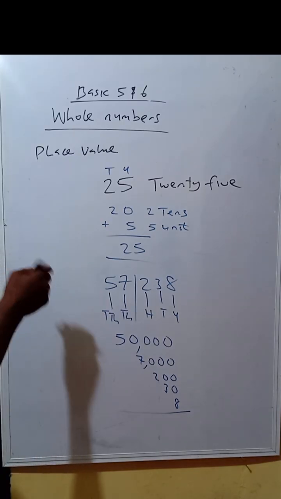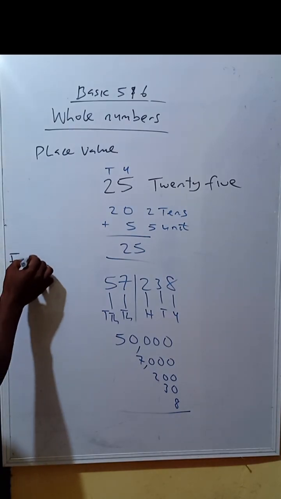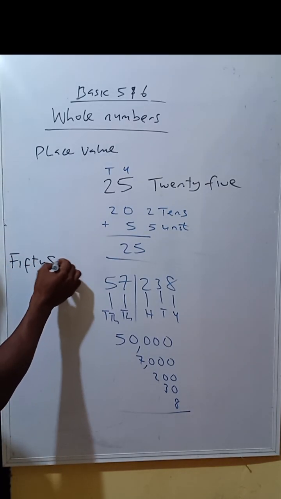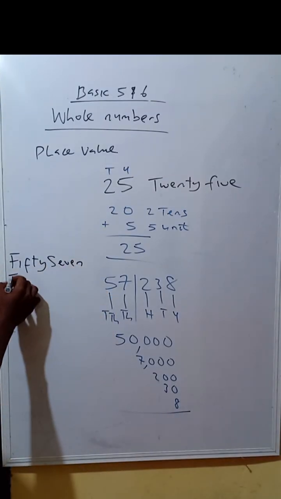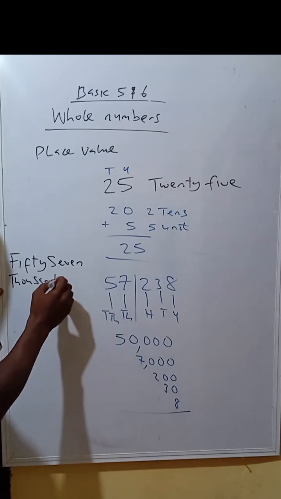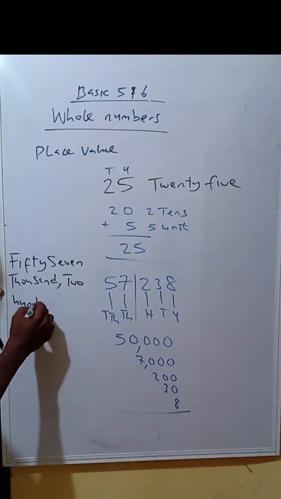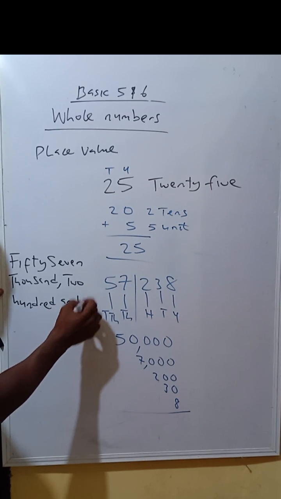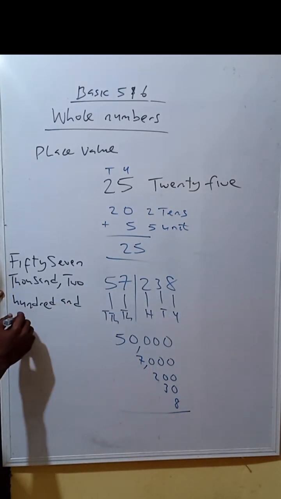Let me write that here with this black ink. 57,000, put a comma, 200 and 38.